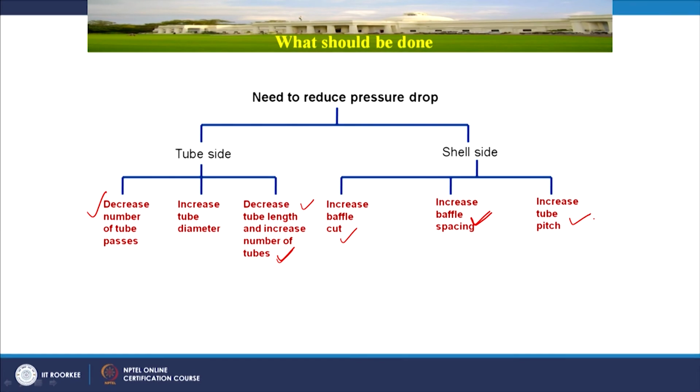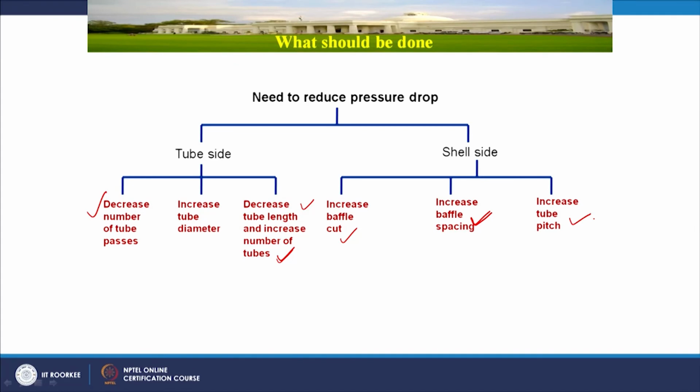So, if the pressure drop is more, you can switch to square pitch from triangular pitch, right. So, you can change the pitch, the baffle spacing or the baffle cut in the shell side. Whether an increment or decrement is required will depend on the pressure drop and heat transfer coefficient, but try to make the balance.